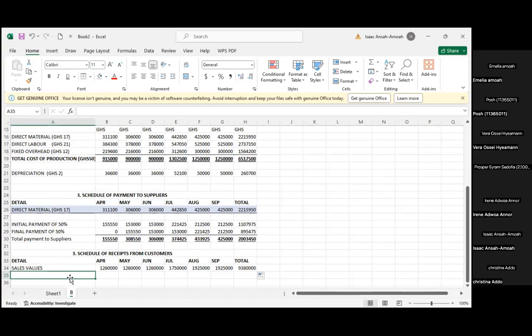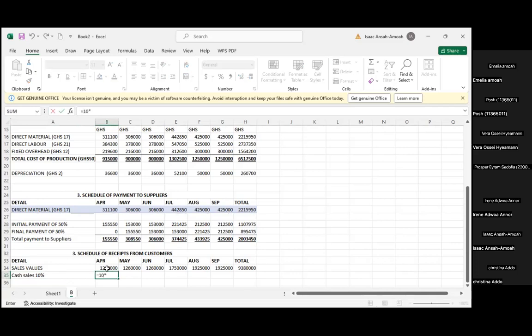So I'll say cash sales of 10%. So 10% of this is computed as cash sales. So I'm multiplying 10% by all the sales values.